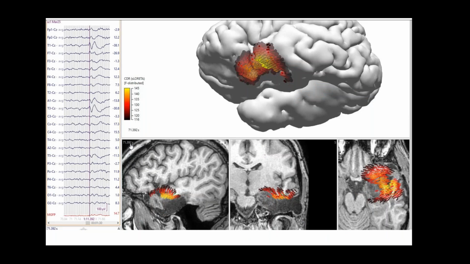If you look here, you see a spike. I'm going to put here the timeline. As you go through the timeline of the spike and the slow wave, you could see how this concentration of dipoles moves during the spike.